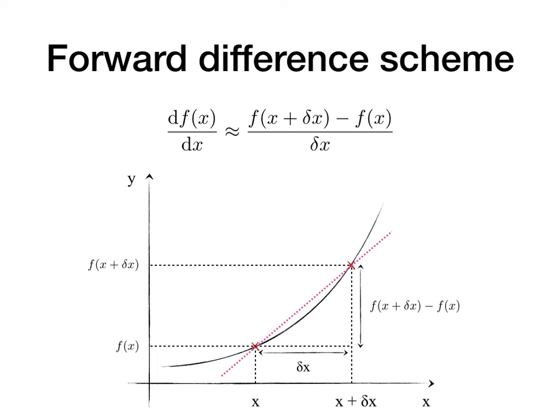By doing this, what you get is the gradient of the pink line, which is an estimate of the gradient at the position x in the function f of x, which is the first red cross you see here. As you can see, the difference of the gradients is quite large in this graph, but as you make delta x smaller and smaller, your estimation will become more accurate.